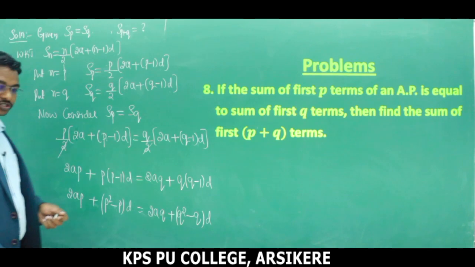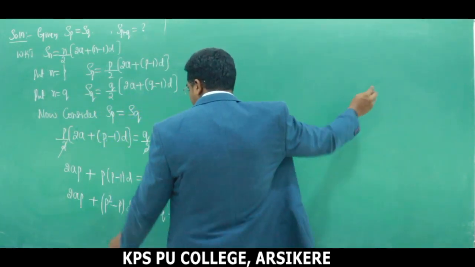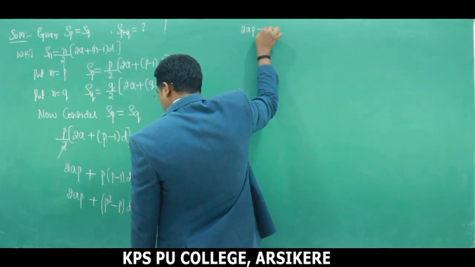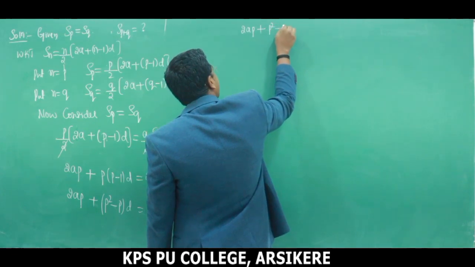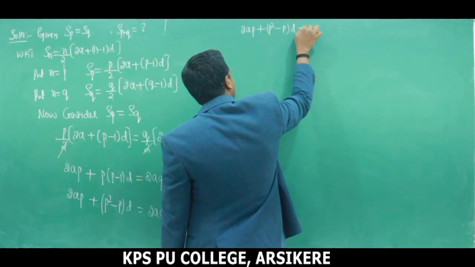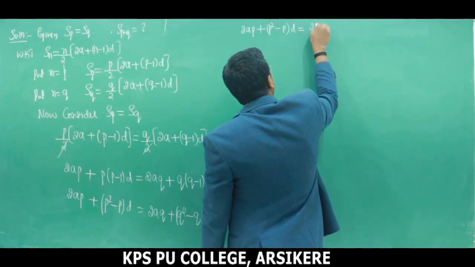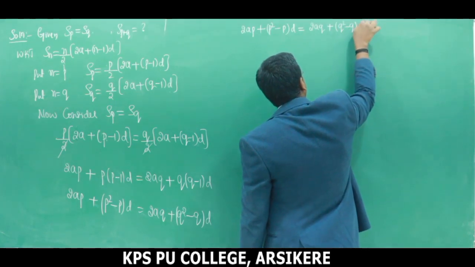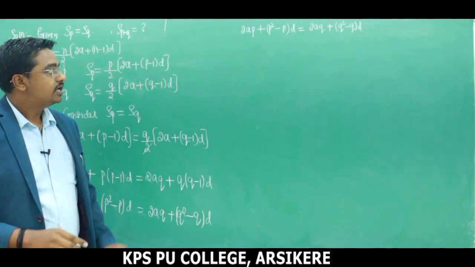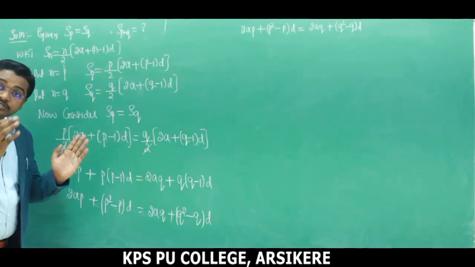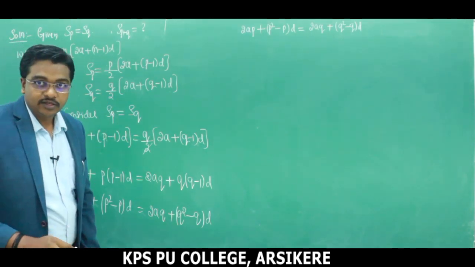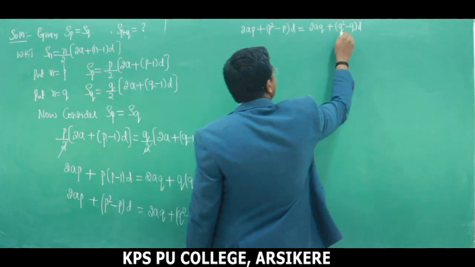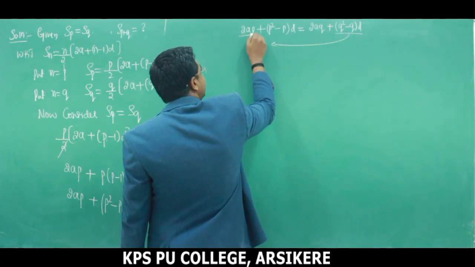Next step is simplification. Just observe here, we have 2ap plus p square minus p into d is equal to 2aq plus q square minus q into d. So now we have to separate the terms involving a and d. Take this term to the left hand side and this term to the right hand side.